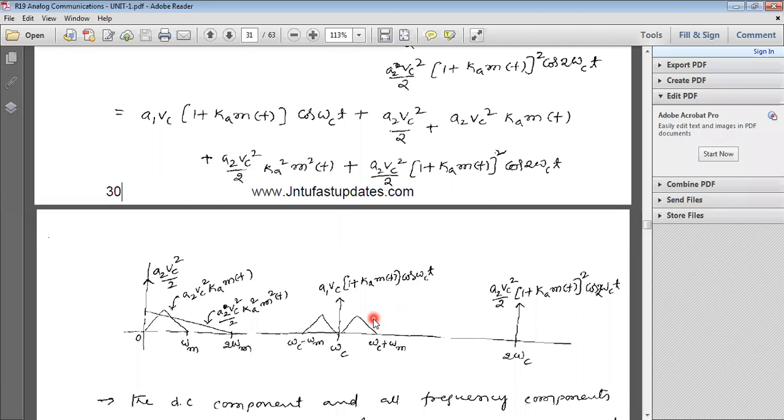So draw the frequency spectrum. For the first term, the frequency can be considered as omega c, which has the magnitude of A1 Vc into (1 plus Ka m of t).